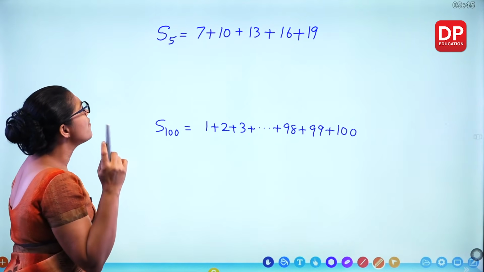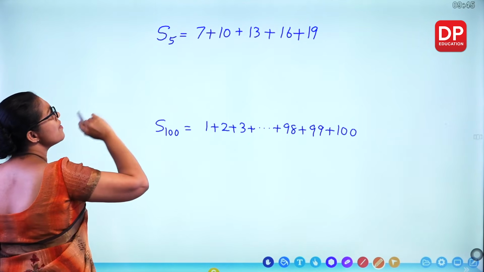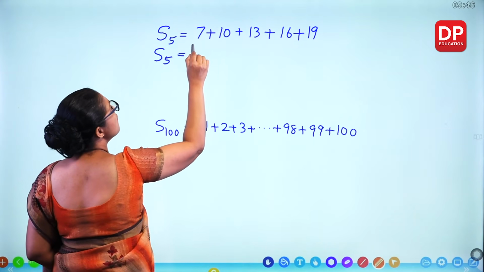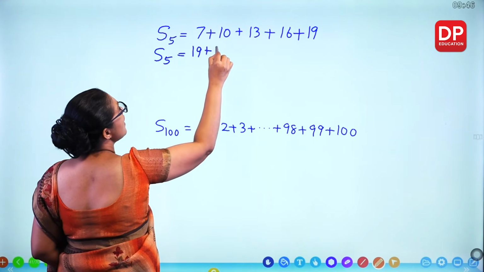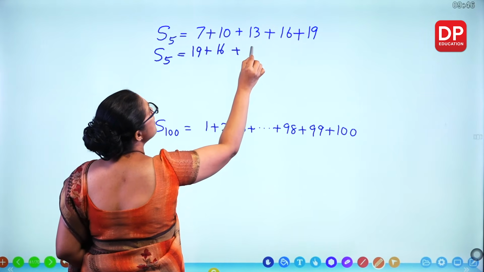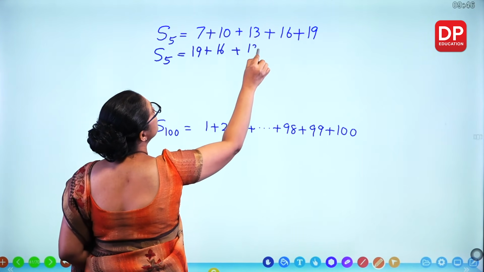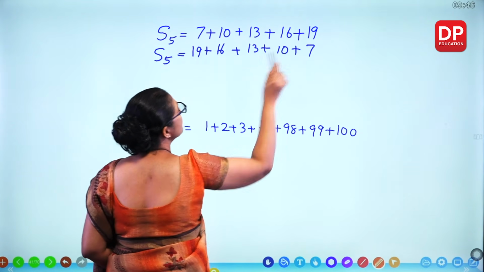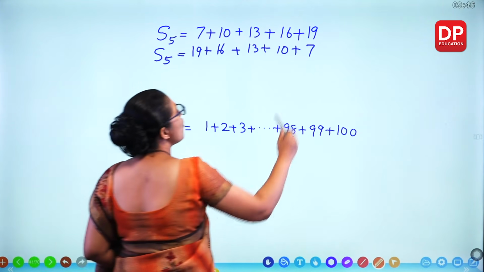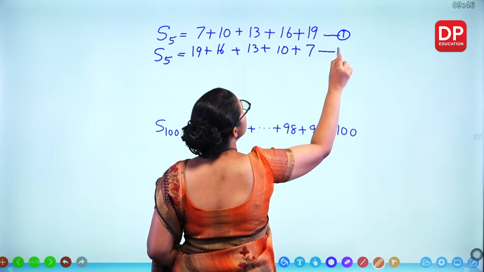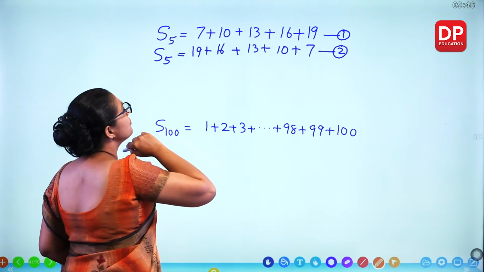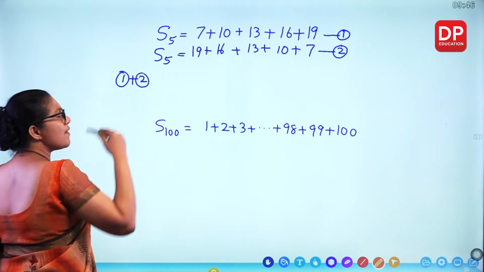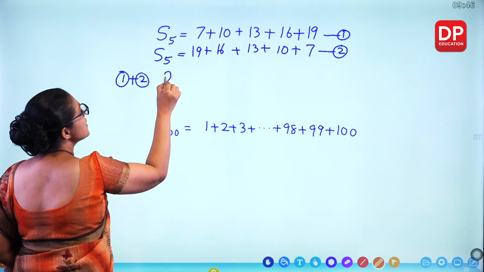I'm rewriting this the other way round, the same thing with the last term first, the second term in the other position, and the first term last. And then I want to add these two. If I do 1 plus 2, S5 and S5 becomes 2S5.